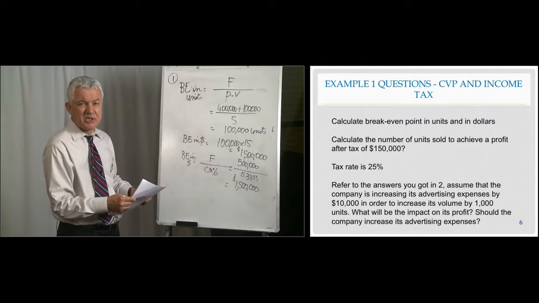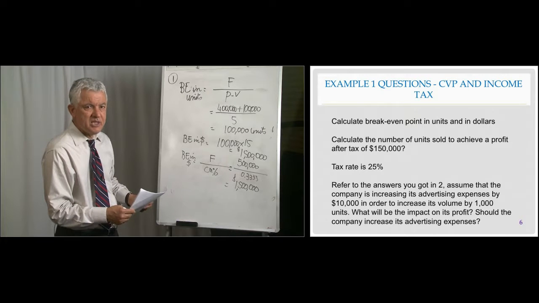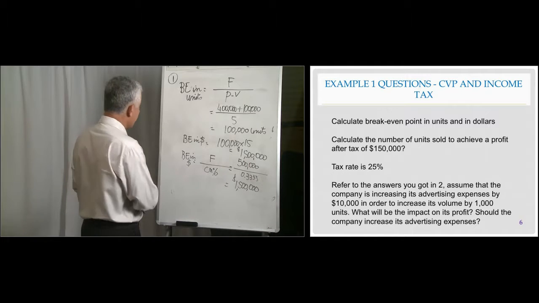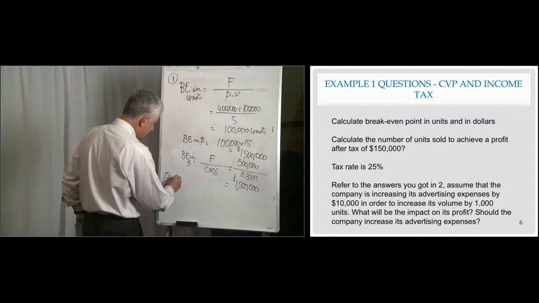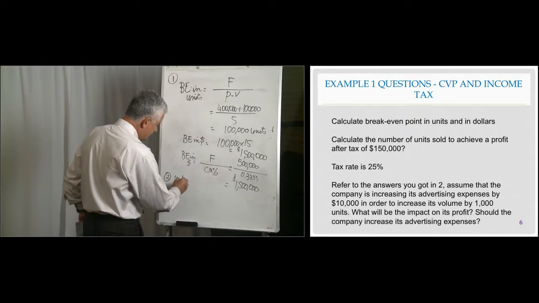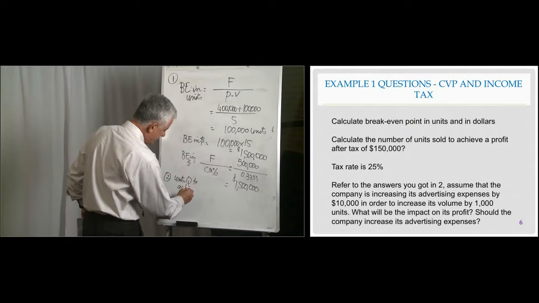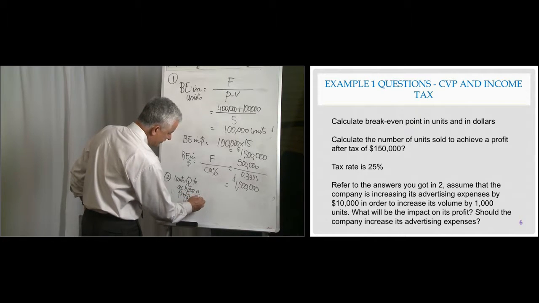Now, the second question is asking us to calculate the number of units and sales in dollars to achieve a desired profit of $150,000. So, question 2. The number of units Q to achieve a profit equal to $150,000.